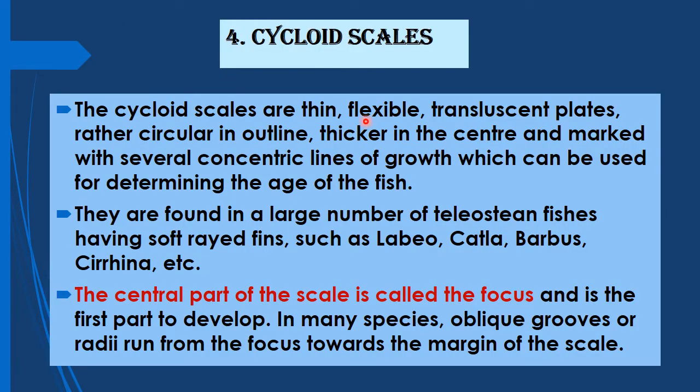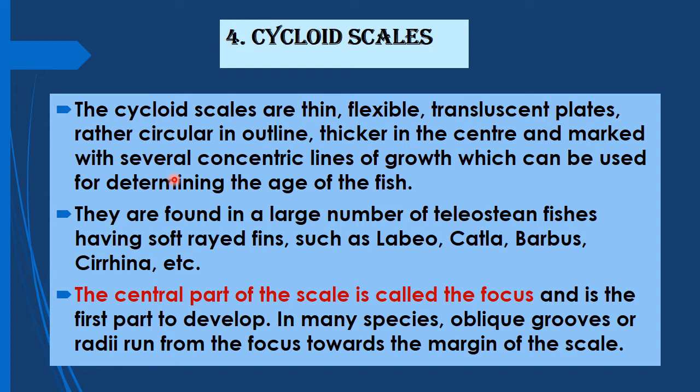The fourth type of scales are the cycloid scales. The cycloid scales are thin, flexible, translucent plates, rather circular in outline, thicker in the center and marked with several concentric lines of growth which can be used for determining the age of the fish.